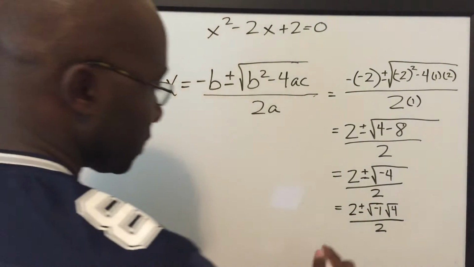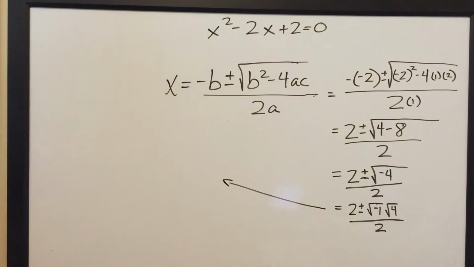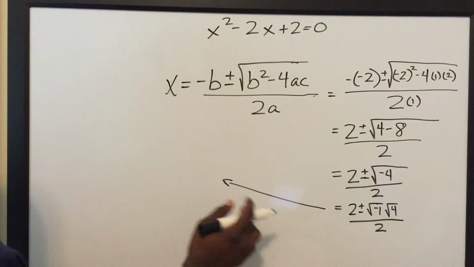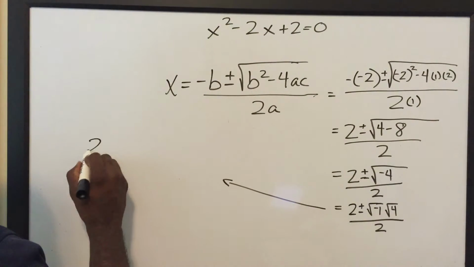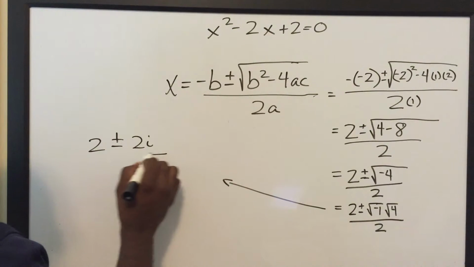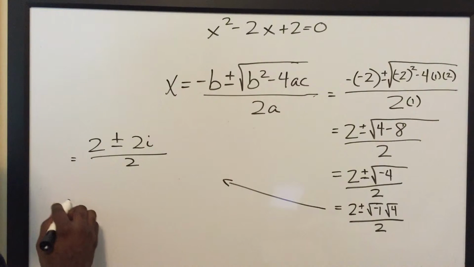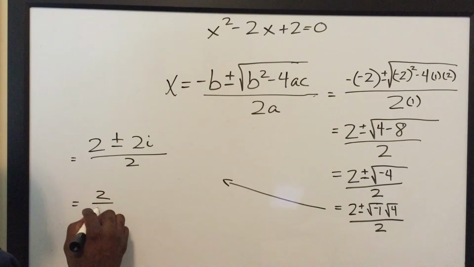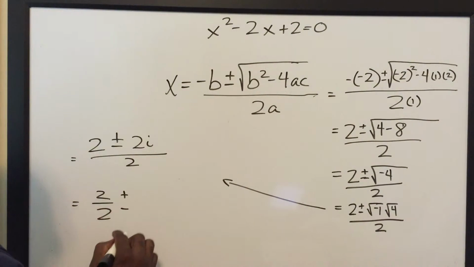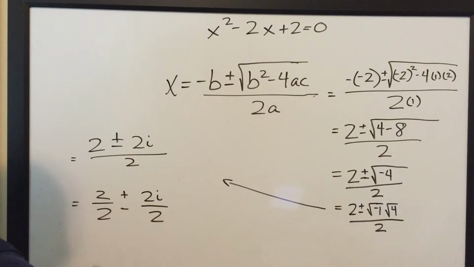I'm going to come over here and rewrite it to give us more space. We write this as 2 plus or minus 2i over 2. Now let's break it up: 2 over 2 plus or minus 2i over 2.